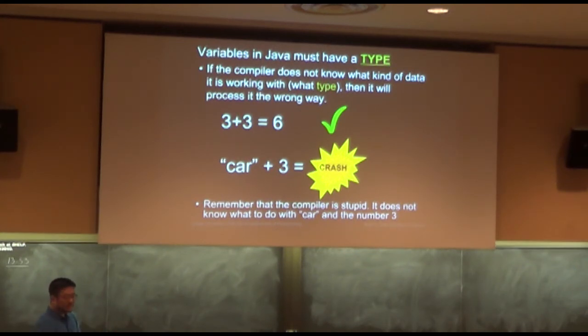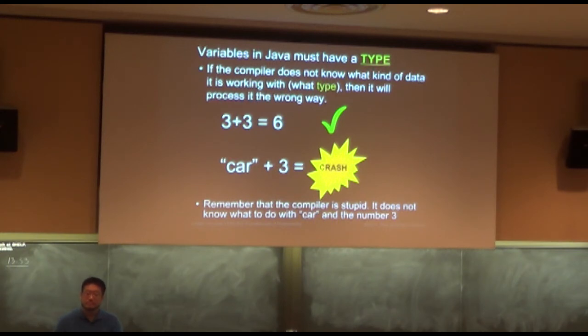But if I wanted this to produce a new string equal to CAR3, I could actually create another string that held the character 3 and add those two things together. So that can be done in Java, and that wouldn't result in a crash or a problem that Java would give you, because Java would realize you're adding two strings together, and adding two strings together in Java is okay.